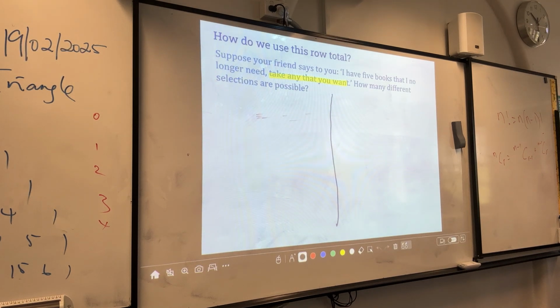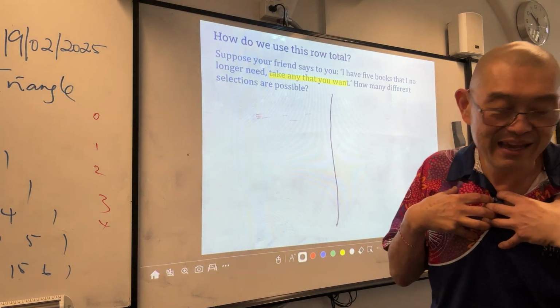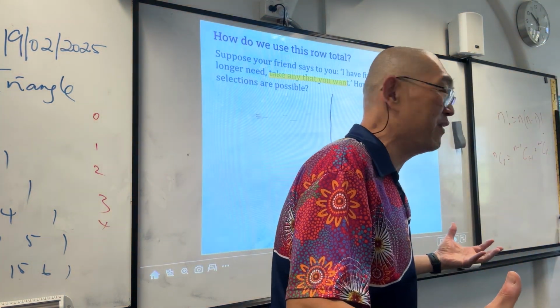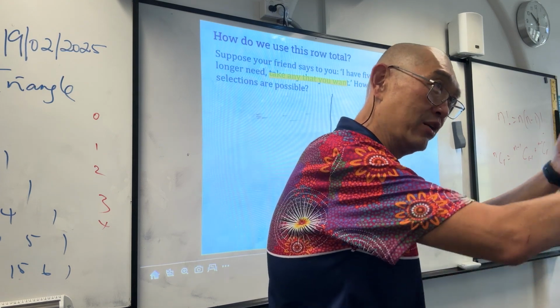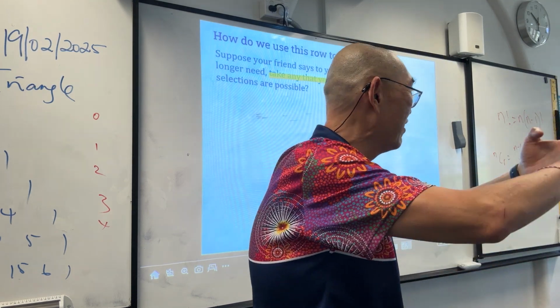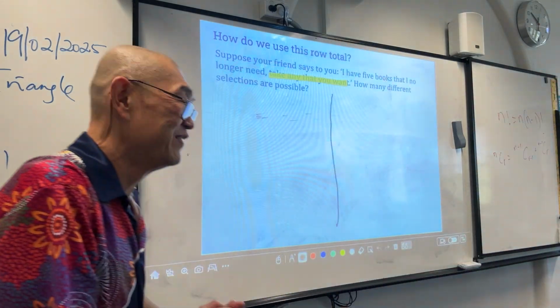So now, how do we use this row total? Look at this situation. Suppose your friend says to you, I have 5 books that I no longer need. Take any that you want. If you say take any that you want, I might look at the 5 books and say, nah, I don't want any. I might want 1, 2, 3, 4, or all 5.